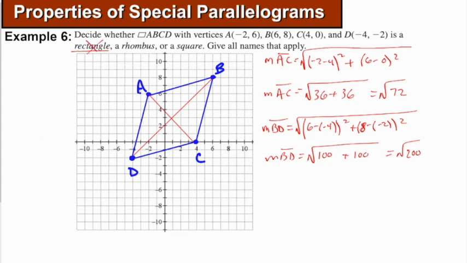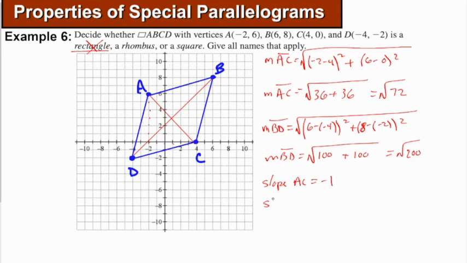Next, we want to check the slope of the two diagonals. So we can say slope of AC, and we can count that. We see that we're going 1, 2, 3, 4, 5, 6 down, and 1, 2, 3, 4, 5, 6 over. So it is -6 over 6, which is -1.